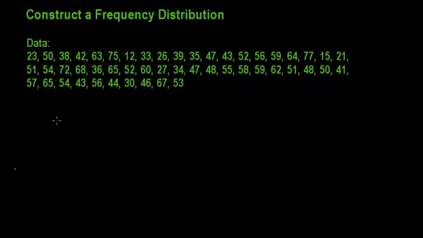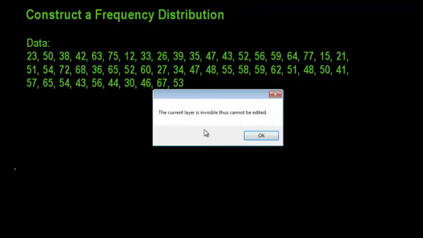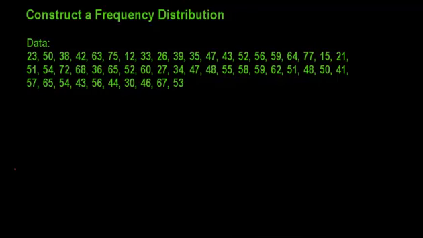So our table will have our classes, and each class will have a lower class limit and an upper class limit. So we said our first class would be the class from 10 to 19. Okay, what would be the next class? Well, after 19, the next score in the beginning of the second class would be 20. And again, we want 10 values in here.